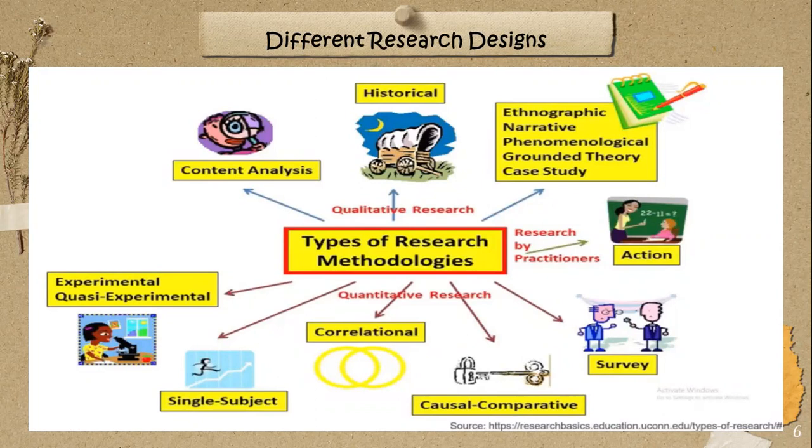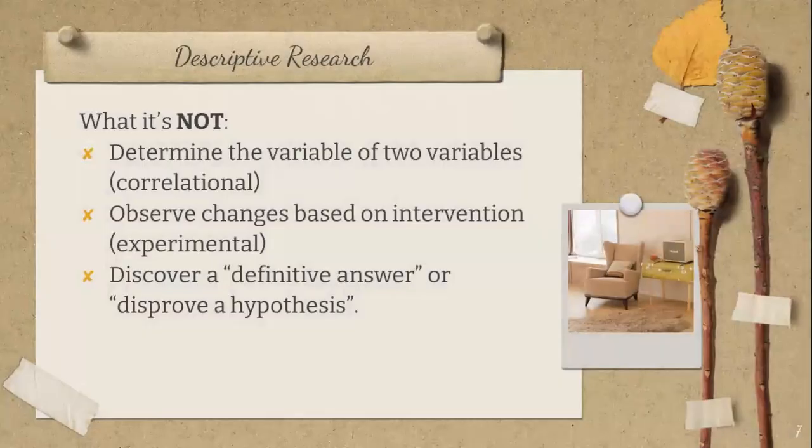In descriptive research, we will only collect knowledge about the phenomenon's current state and to explain how it exists in relation to factors in a situation. Hence, a descriptive research is not about determining the relationship of two variables. When you determine the relationship of two variables, that's already correlational.